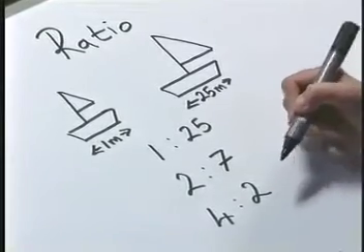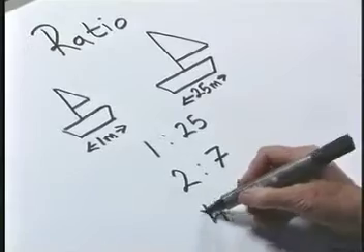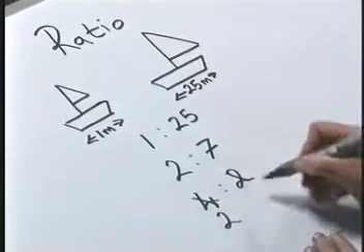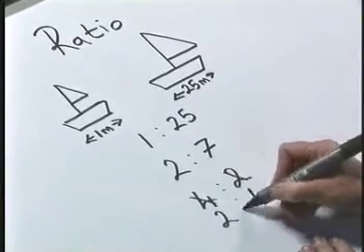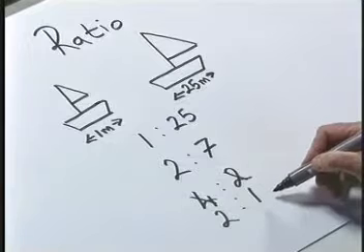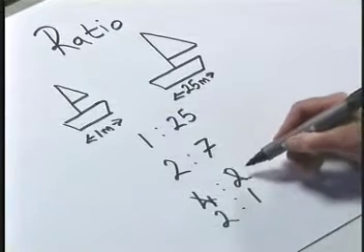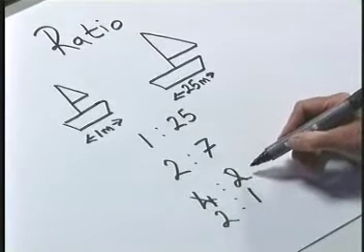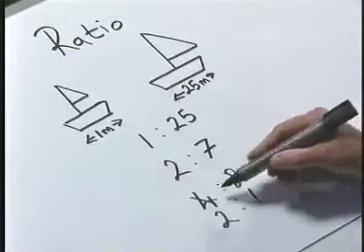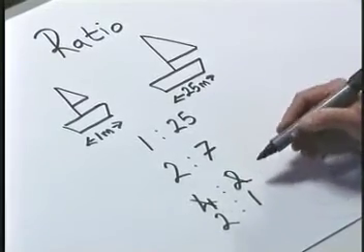We can divide by the common factor. So we divide 4 by 2 and 2 by 2 to give 1. So 2 to 1 is the simplest form of the ratio 4 to 2. But both of the ratios are equivalent because the relationship of the numbers involved stays the same.